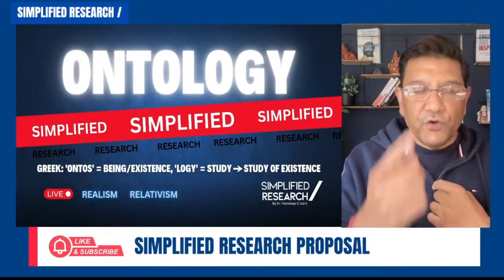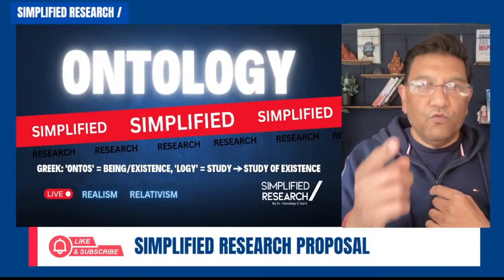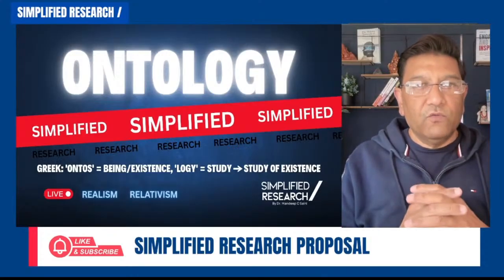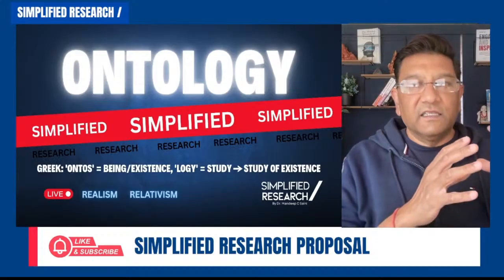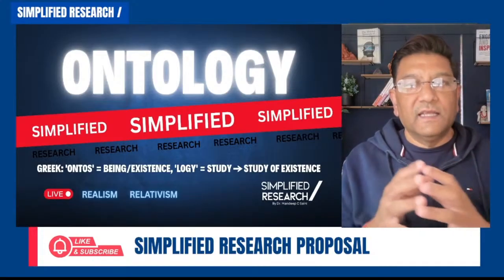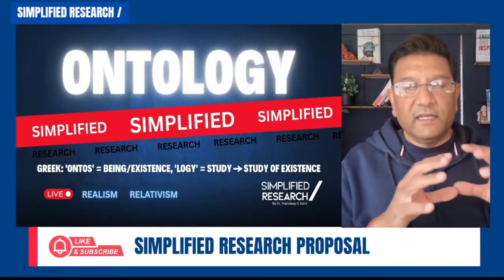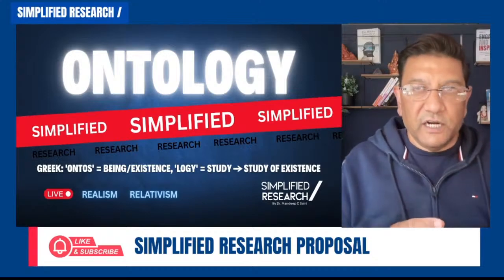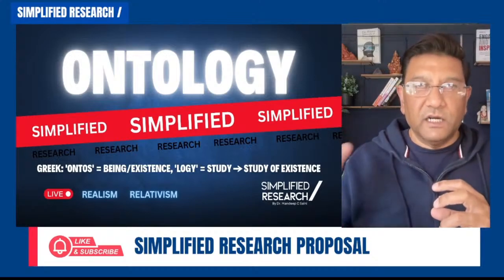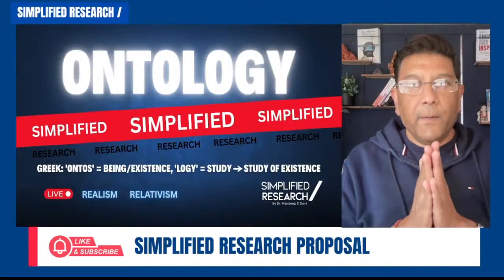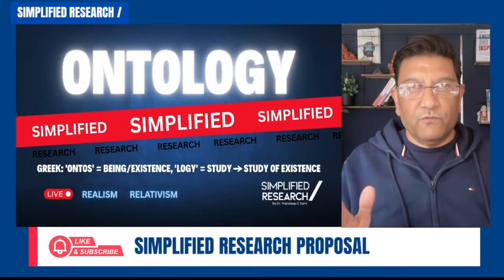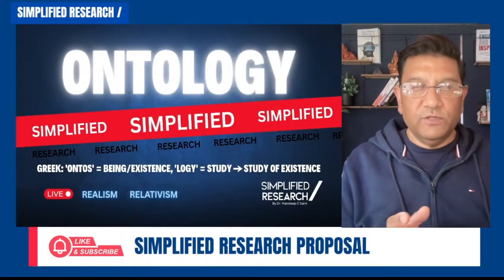If you want to seek wisdom, then what will be the existence of that study? So existence of study, are you going to study objects or are you going to study subjects? That is the main principle of it. The ontology is objects or subject.